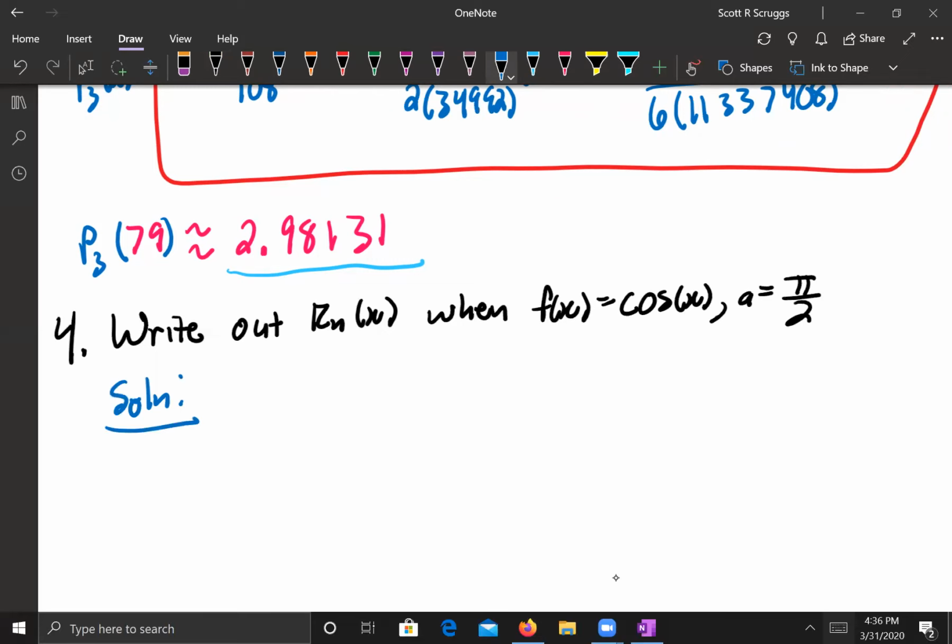I'll give y'all until 4:40 p.m. to work on that. If y'all have questions on the chat, let me know. But the goal right now is to write an expression for the remainder with that function.